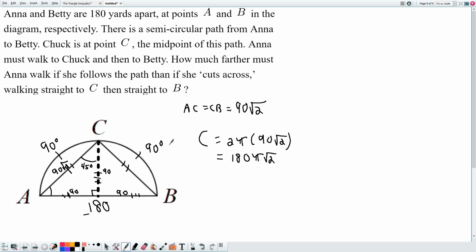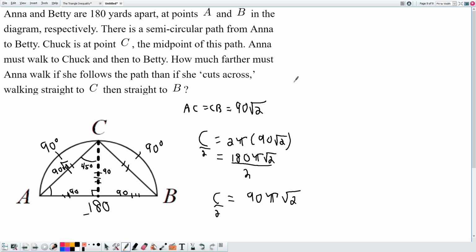And since that circumference would be the entire circle, and we're only dealing with half a circle, we want to take this and divide by 2. And we get that the circumference of the half circle is 90 pi root 2.